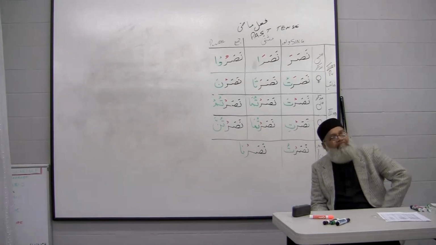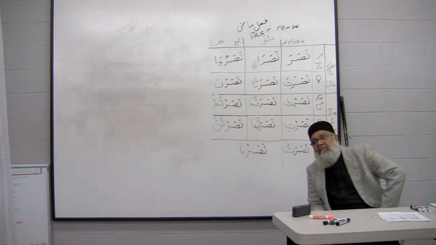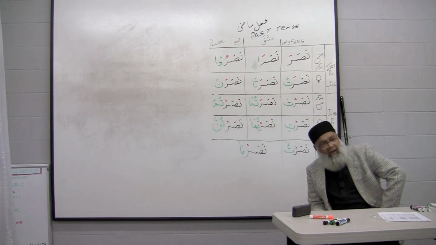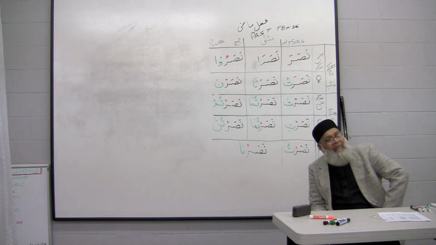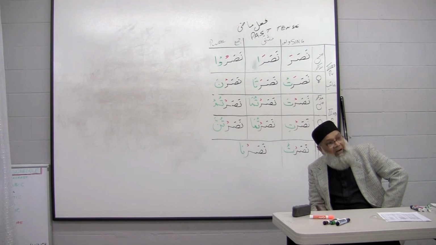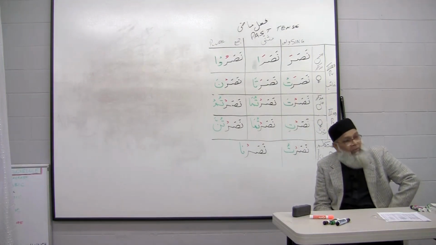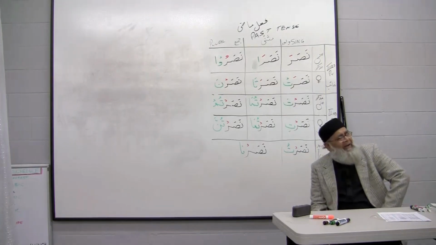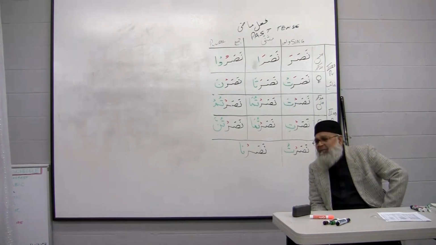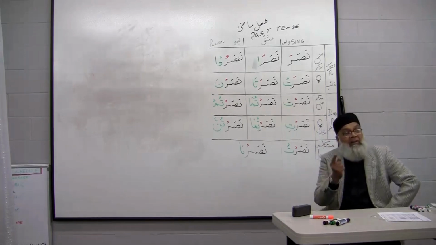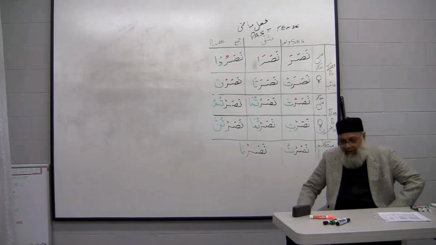What was the second? It makes a nasab to the khabar. When a jumla ismiya has got kana, or ma or la for negation, then they cause nasab to the khabar. Okay.